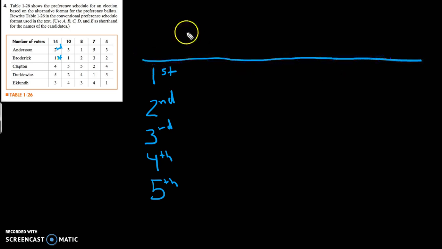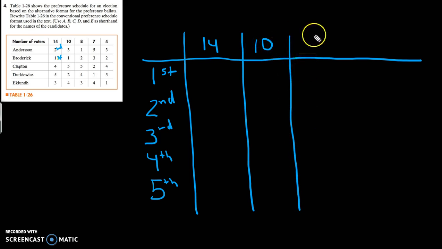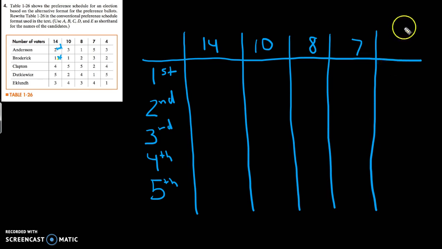And then we know none of this will change the number of voters. So there's still 14 people who had a ballot that looked the same, and then 10 people who had a ballot that looked the same as each other, and then 8 people who had a ballot that looked the same, and then 7 of the same ballots, and then just 4 people had this last one.